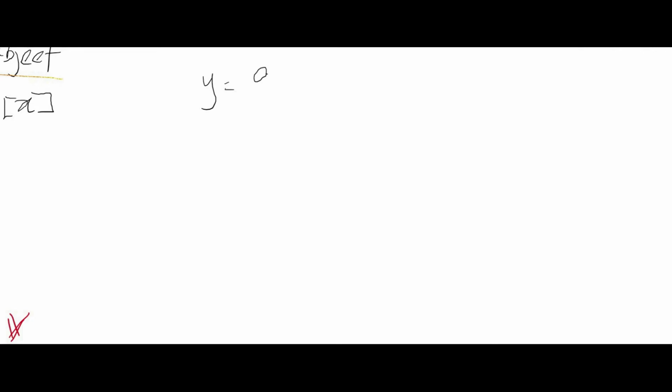Let's have another example. We have y equals to a square minus b square divided by 2c, and this time I want to find the formula for subject a. So I want to make a my subject formula.